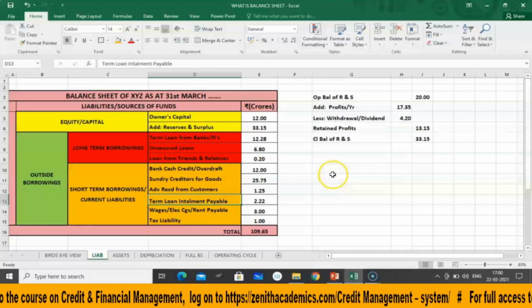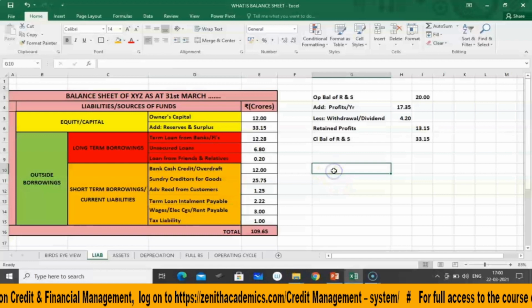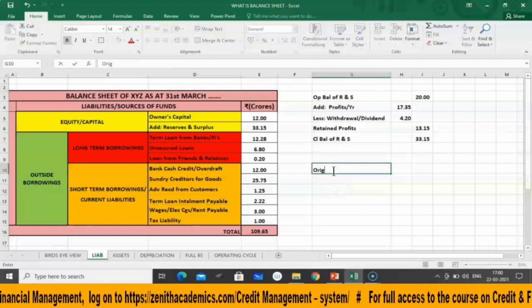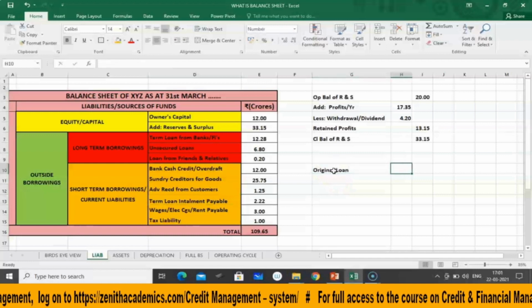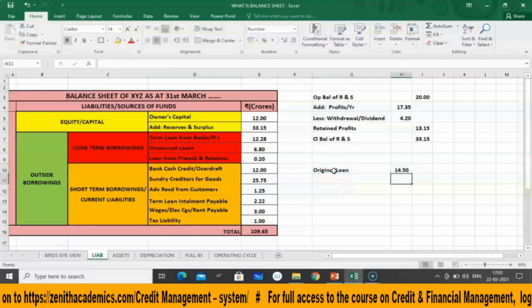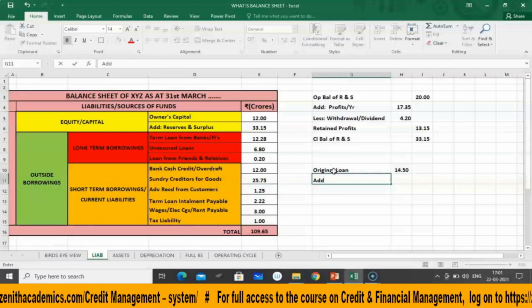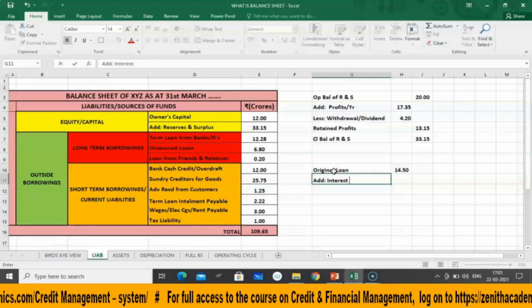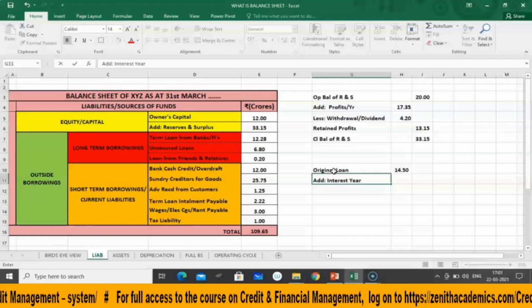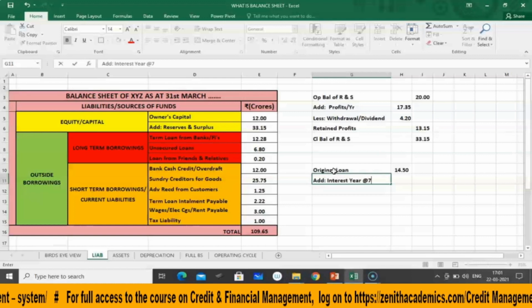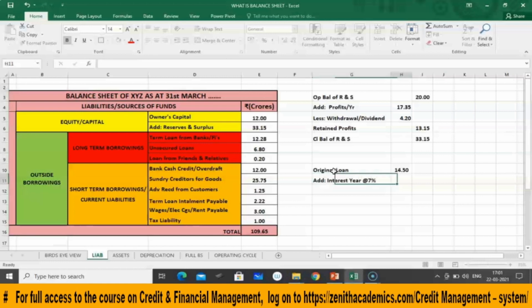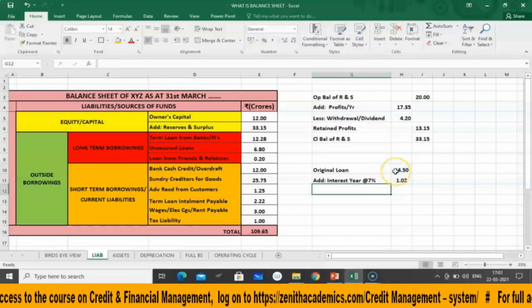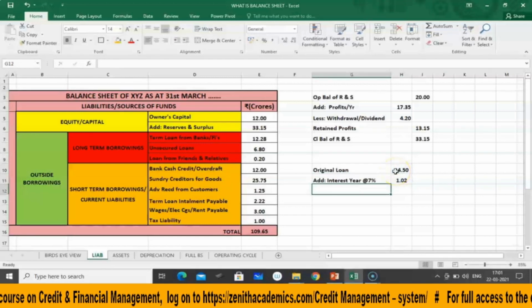Okay. Now, let's take a simple example. Suppose the original loan is 14.50 crores. Added to this is the interest which the company has to pay at the rate of 7% per annum, which comes to 1.02 crores.